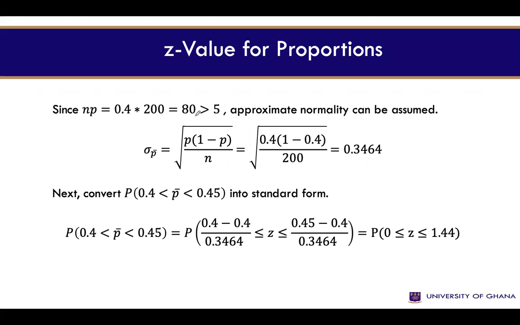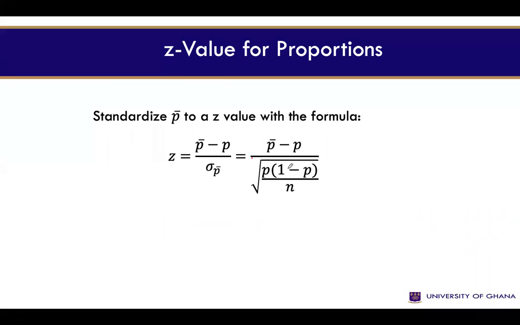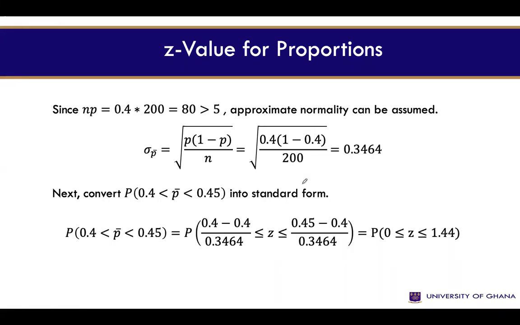So basically what we have is, first they calculated the denominator, so that life can be easier, right? So the denominator gives us 0.3464. That is the square root of p times 1 minus p divided by n.